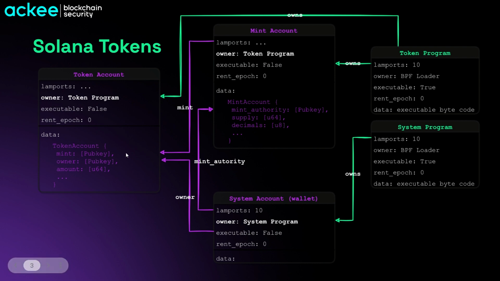You can see the public key. It has some owner, which is the system account owned wallet. So it's basically your wallet in Phantom, Solflare, and so on. And the third field is the amount, which is the amount of tokens this token account holds. So the functionality is pretty simple, I would say.